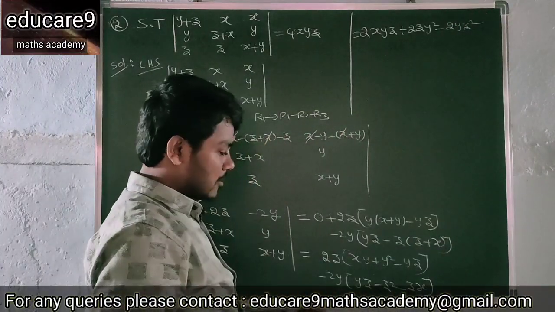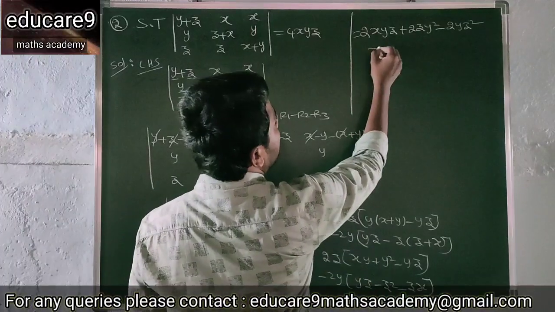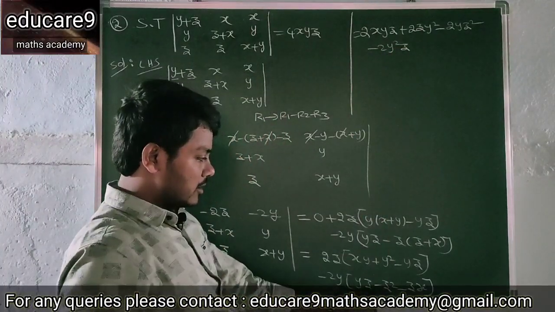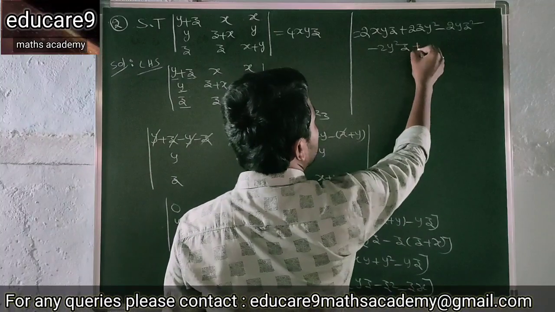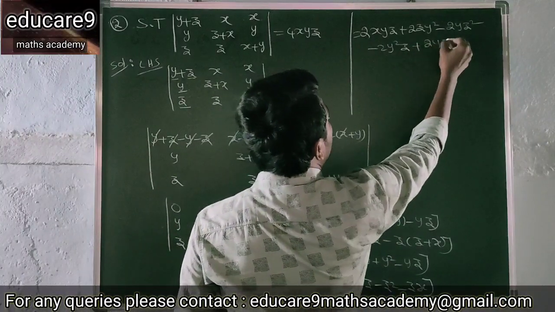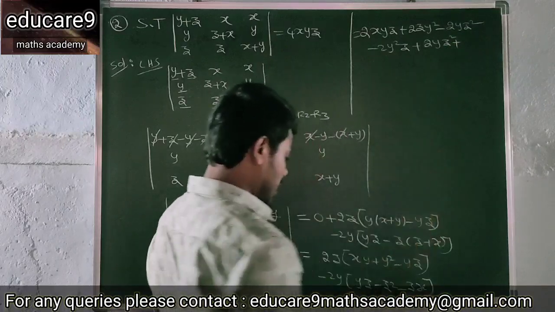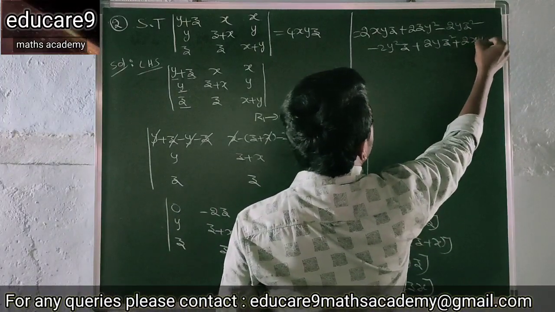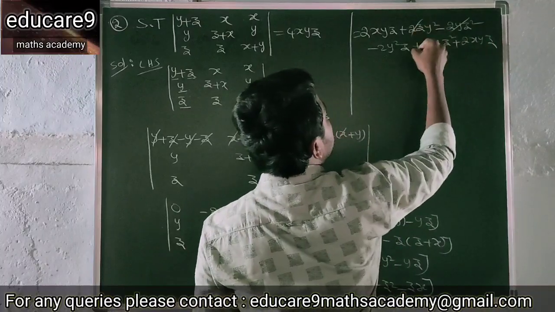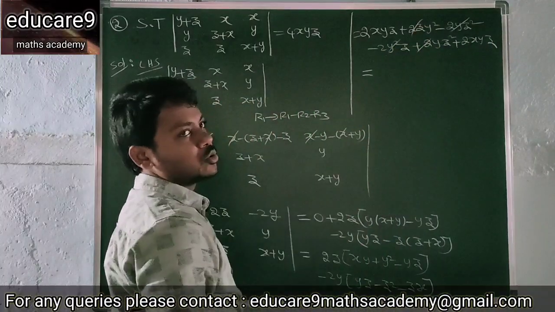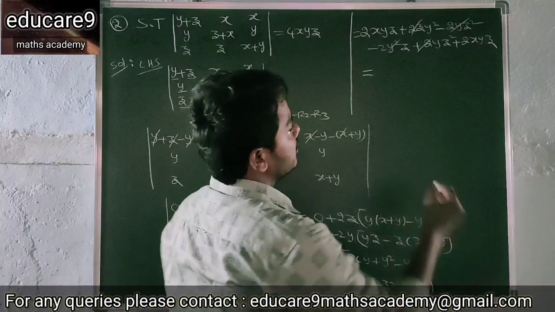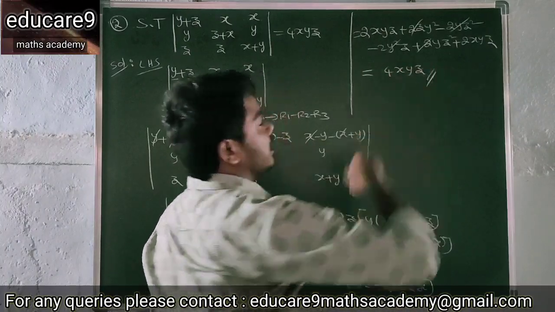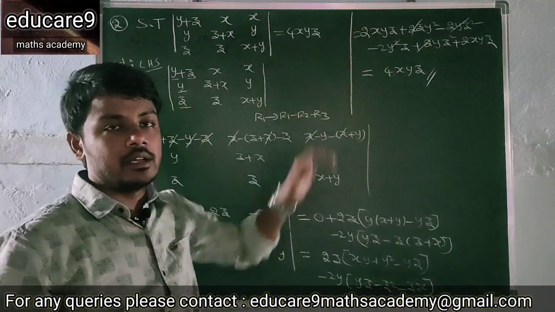Next here minus 2y square z, next plus 2yz square plus 2xyz. So clearly these terms get cancelled. So 2xyz plus 2xyz, that is 4xyz. So clearly this is the required answer.